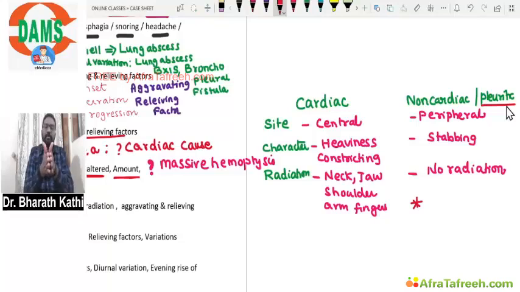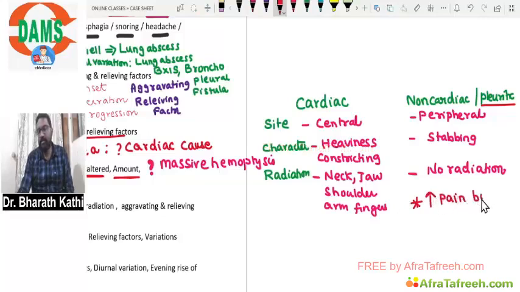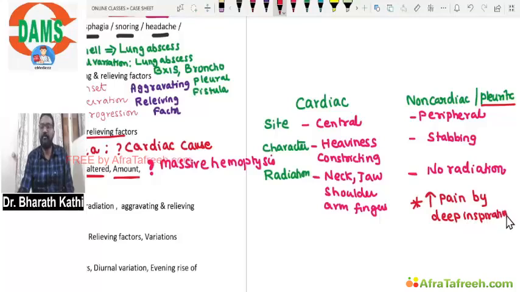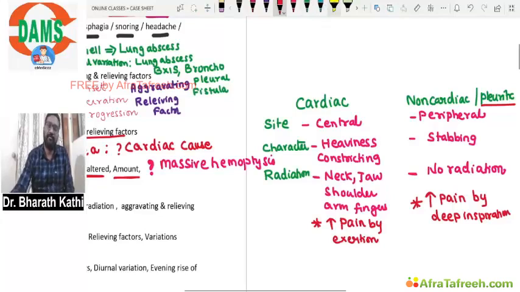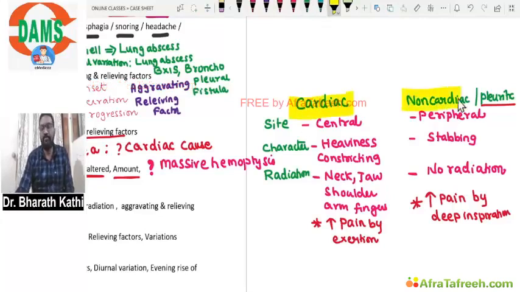Whenever pleural membranes are approximated, pain will be very severe, especially when the patient takes deep inspiration. So there will be increased pain by respiratory movements, especially deep inspiration. Whereas in cardiac chest pain, the patient generally notices increased pain by exertion. So this is important.